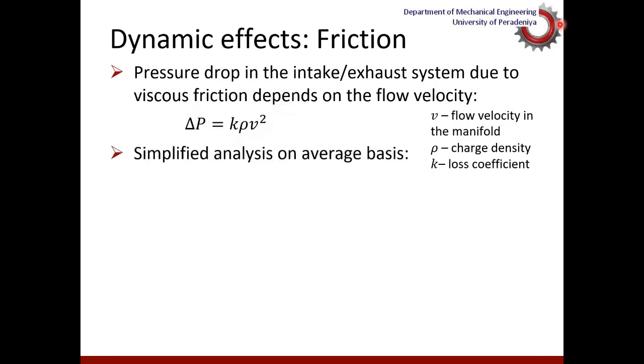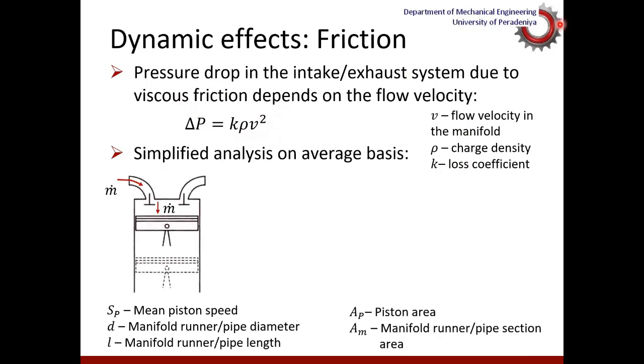Now, if you make this analysis quite simple by considering everything on an average basis, and if you consider a simple system, m dot is the airflow into the system, and SP is the mean piston speed.